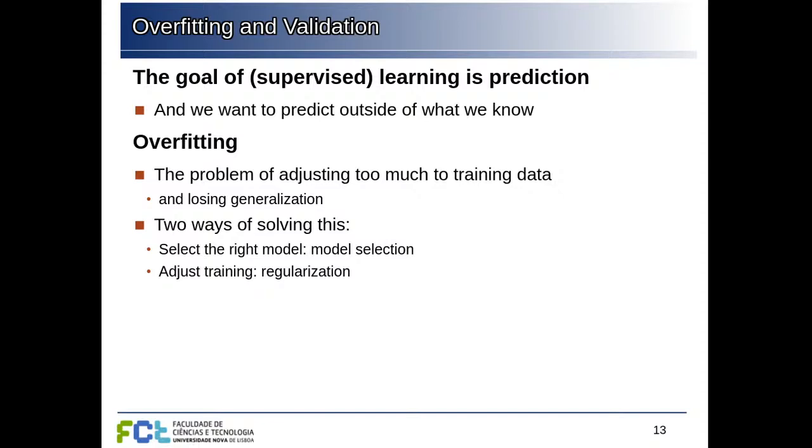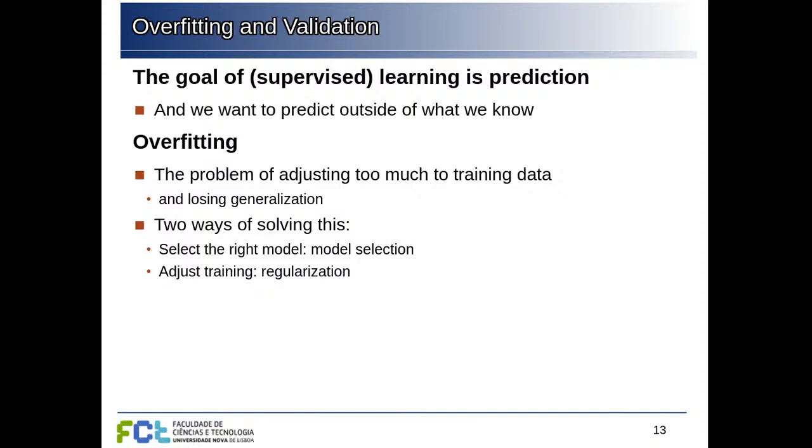So this is model selection, and you can do this easily in neural networks by adding more layers, subtracting layers, changing the number of neurons, things like that, because with neural networks you have a very versatile architecture that you can fine-tune.